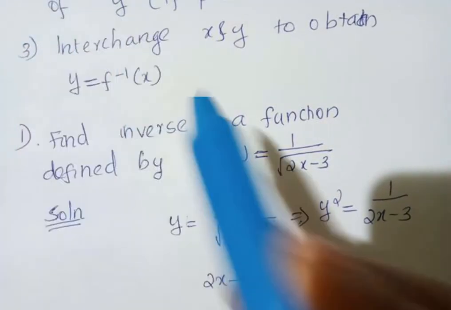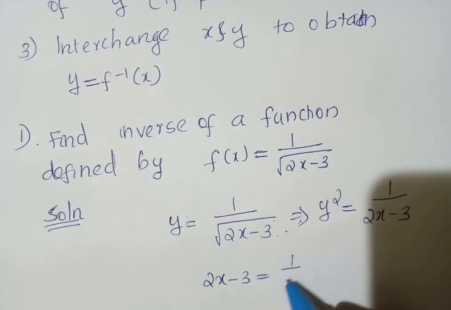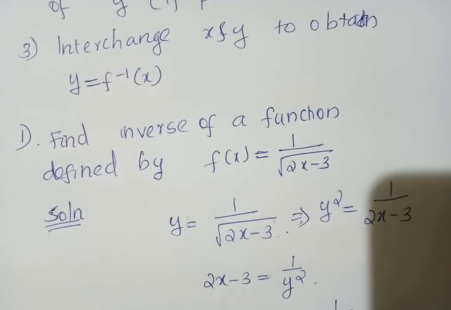Second is solve this equation. 2x minus 3 equal to 1 by y square, which implies 2x equal to 1 by y square plus 3. So x equal to 1 by 2 into 1 by y square plus 3, that's equal to 1 by 2y square plus 3 by 2.